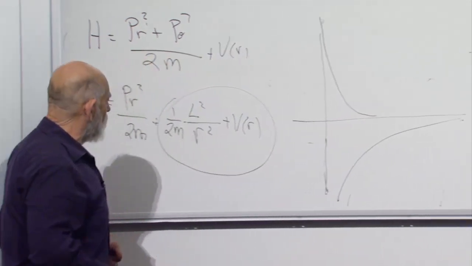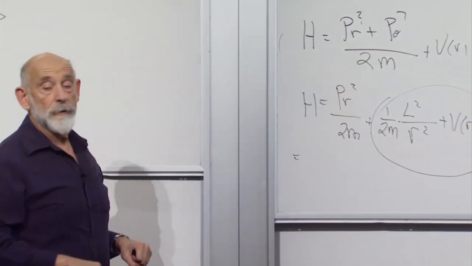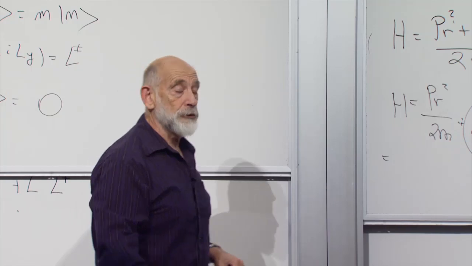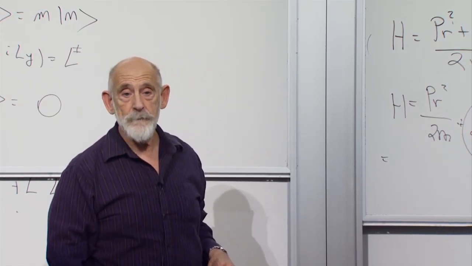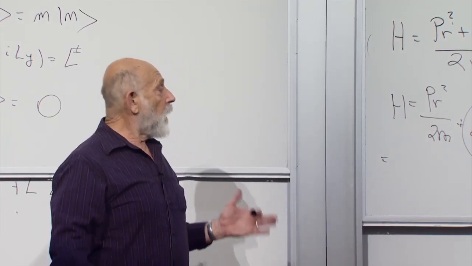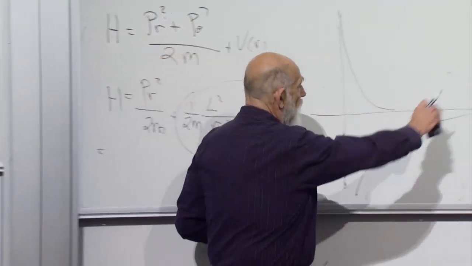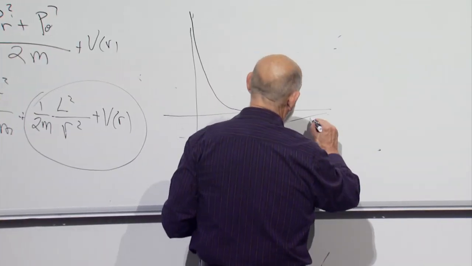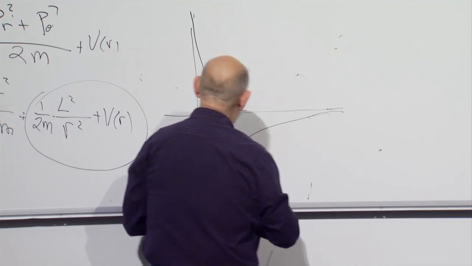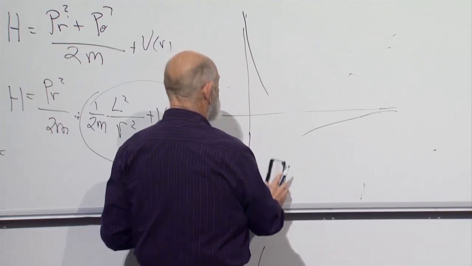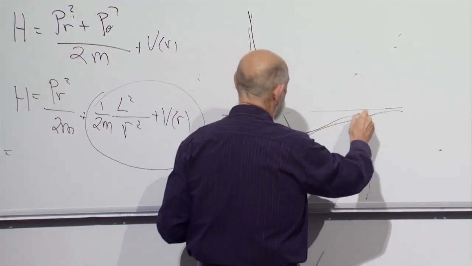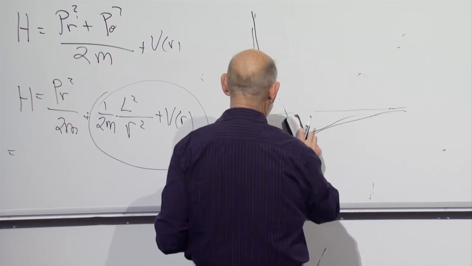What about for large r, supposing V is the Coulomb potential? 1 over r is bigger than 1 over r squared. So, asymptotically far out, the Coulomb potential wins. And what happens in between? What happens in between looks like this.